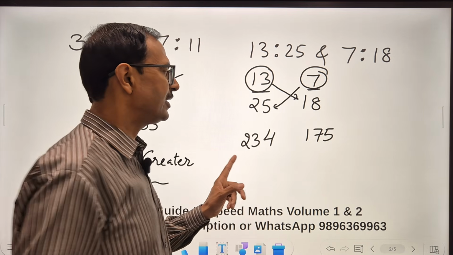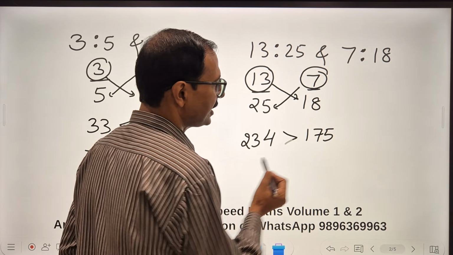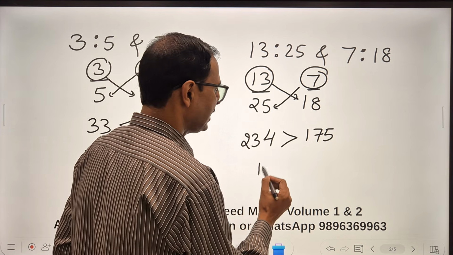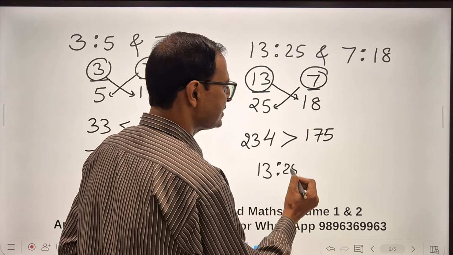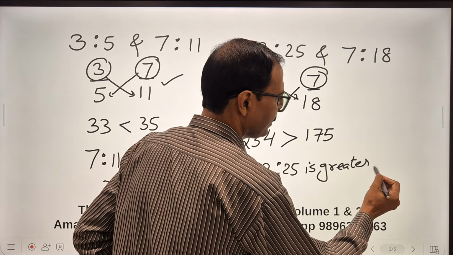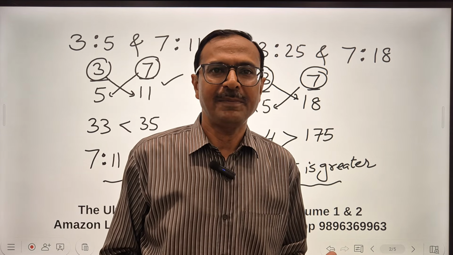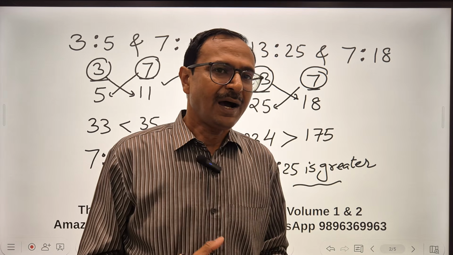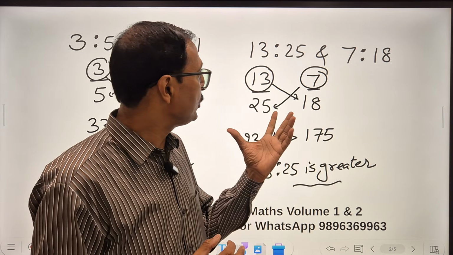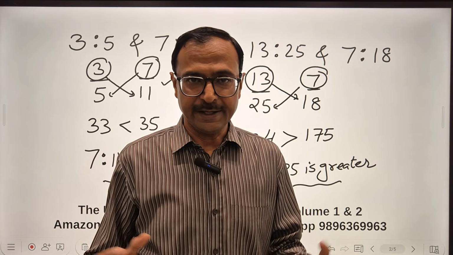See, 234 and 175. And we all know 234 is greater than 175. So 13:25 is greater. See friends, it is just about being smart. Nothing is difficult in mathematics. It is only how we understand, how we command the brain, how we comprehend the numbers correctly or incorrectly.